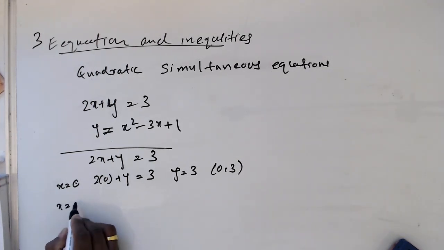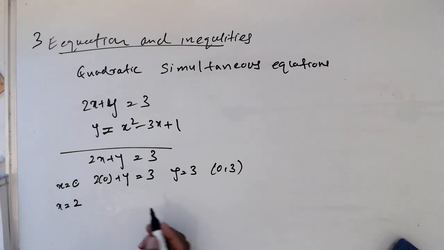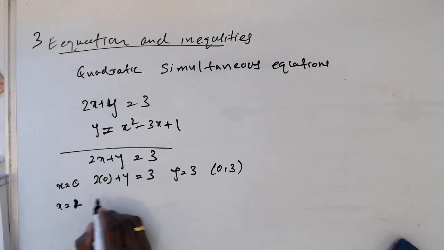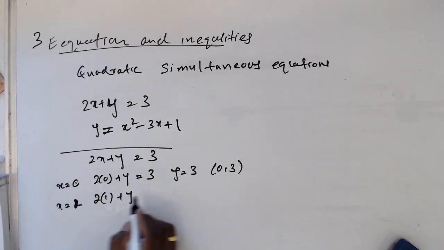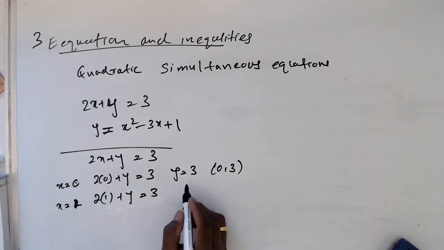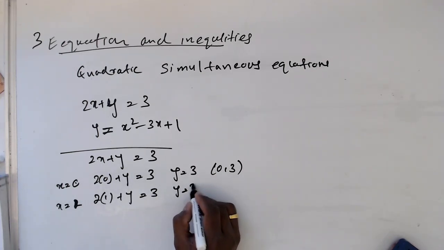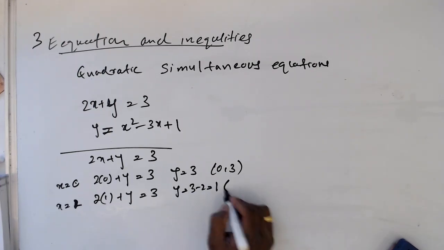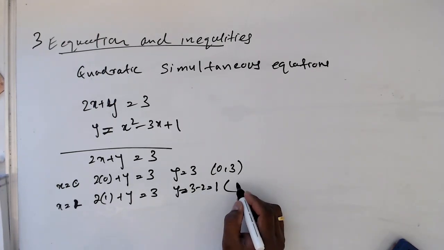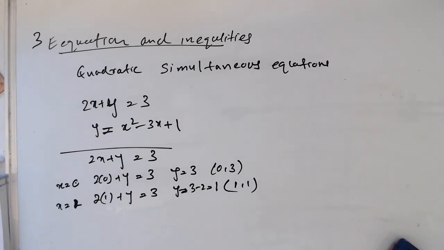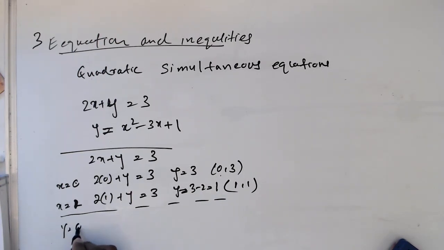I can take x equal 2 or x equal 1. Then 2 times 1, plus y equal 3, y equal 3 minus 2, 1. So 1, 1. That's enough to draw this one. Or else you can take a different point. Usually we'll go with y equals 0.